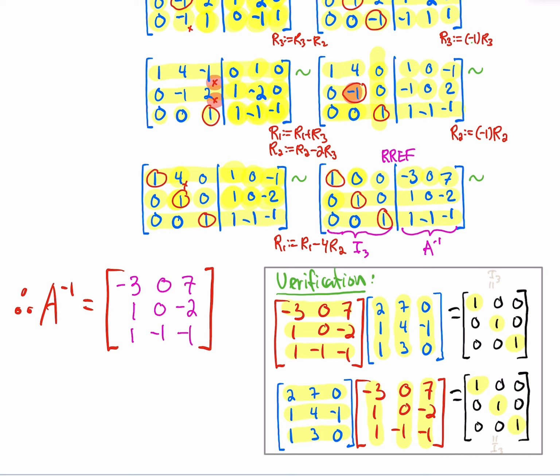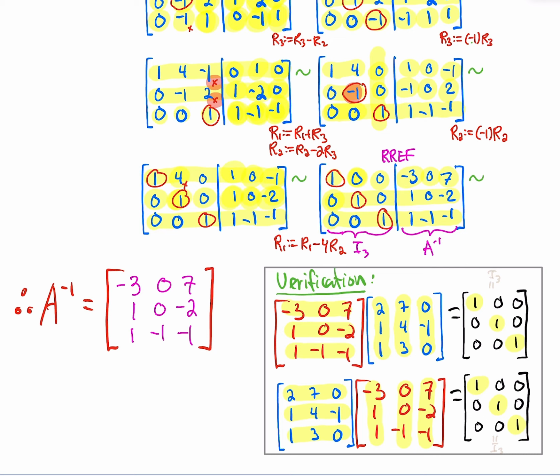And here, if you want to check if your answer is right, I will never force you to do that. But if you want to feel it, and this is good when you're learning that stuff, this is also good practice for matrix multiplication. If you multiply A by this brand new matrix, or this brand new matrix by A, so here my original was in blue and this one is in red, do the multiplication and verify in both cases.